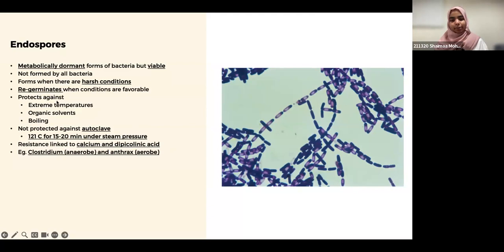An example of bacteria that have endospores is Clostridium, which is an obligate anaerobe. So an obligate anaerobe that forms spores, that's Clostridium. An obligate aerobe that forms spores is anthrax, okay? So this is for endospores.